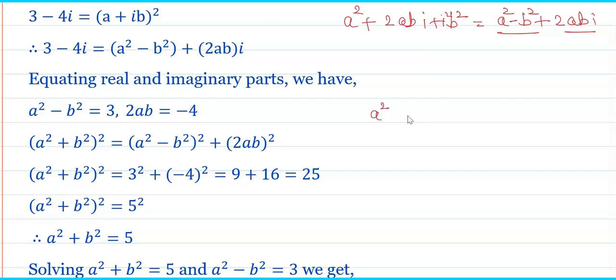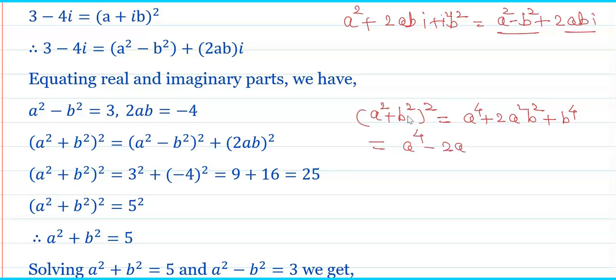I will write here a square plus b square whole square is equal to a raised to 4 plus 2 times a square b square plus b raised to 4. Again this can be written as a raised to 4 minus, note this step, 2 times a square b square plus b raised to 4.